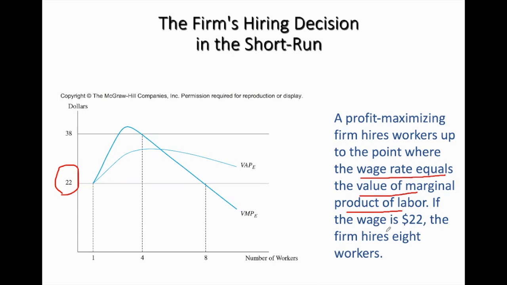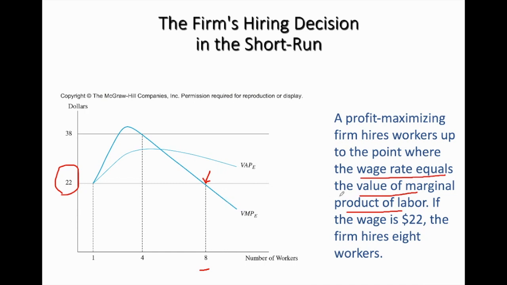Therefore, if the wage rate is $22 as indicated here, the wage rate will be equal to the value of marginal product of worker at this point. And given $22 the current wage rate, we should hire 8 workers in order to maximize profit. So this is one important rule that we derive in this analysis.